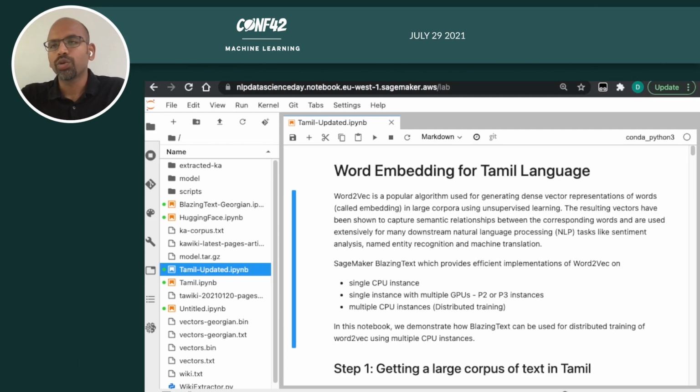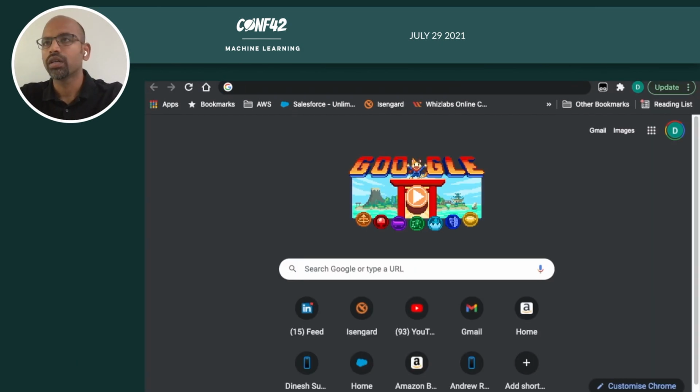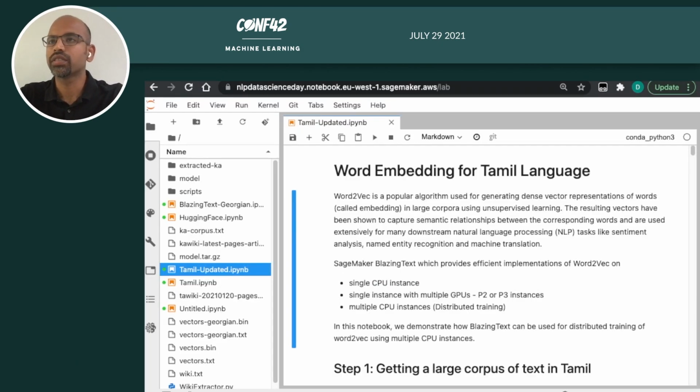Now you could just go to the Amazon SageMaker service. I can probably show you that quickly. No, I think we'll just continue with the notebook because it might be a bit tricky for me to share that screen. So it's very simple. If you go to the Amazon SageMaker service within the AWS console, you go to notebook, which will be in your left panel, and you create a Jupyter notebook.